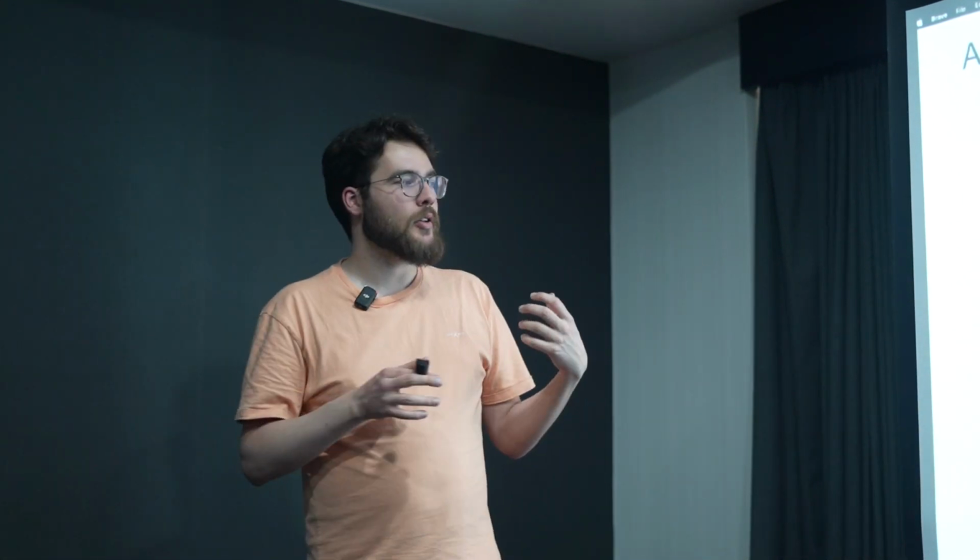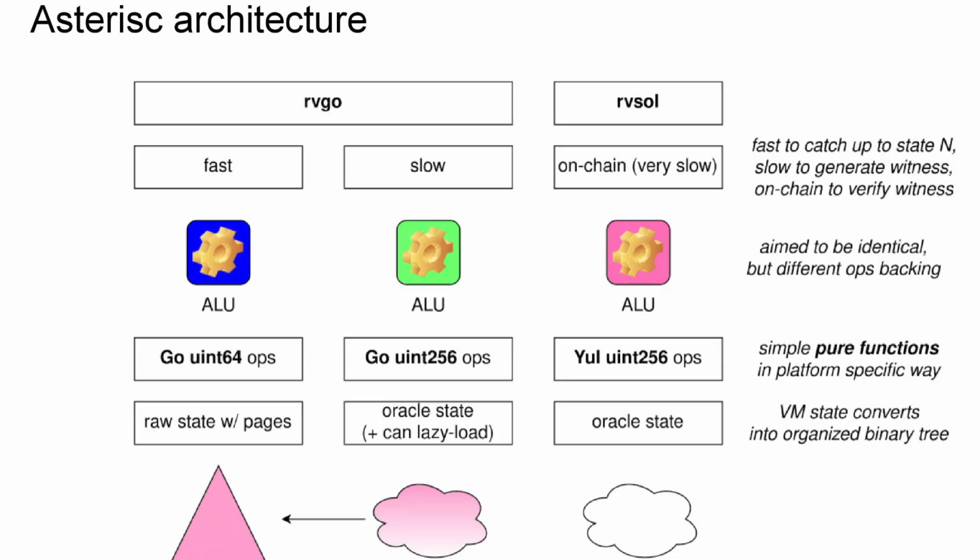And so that's easy to cross-verify, but you get to use different backends. You get to use like U64 natively, or you use a Go 32-byte integer to represent the U64, but to prepare the pre-images for the on-chain environment.